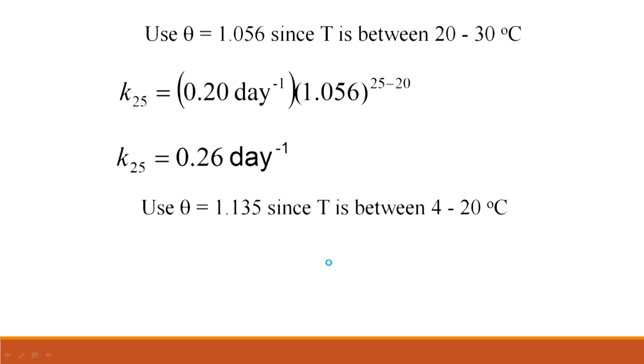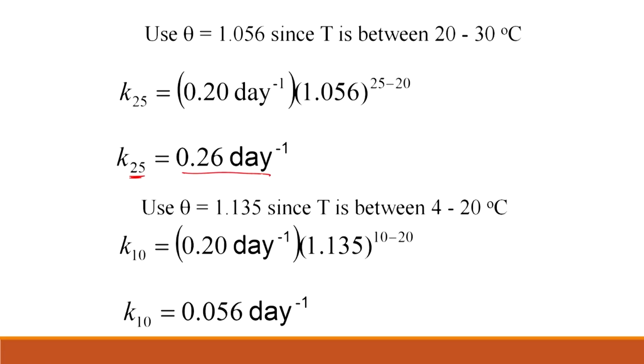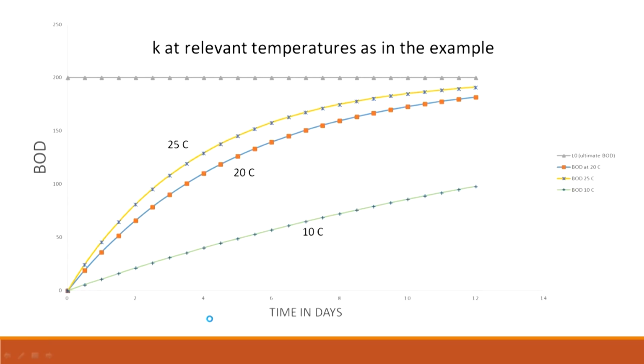When the temperature is 25, we see the increase in the rate constant, and when the temperature is less, obviously a much more significant effect. We have a lower rate constant, but I believe I have a graph here. So, what I did was, this is the BOD with ultimate BOD, or initial organic content, at 200 milligram per liter.